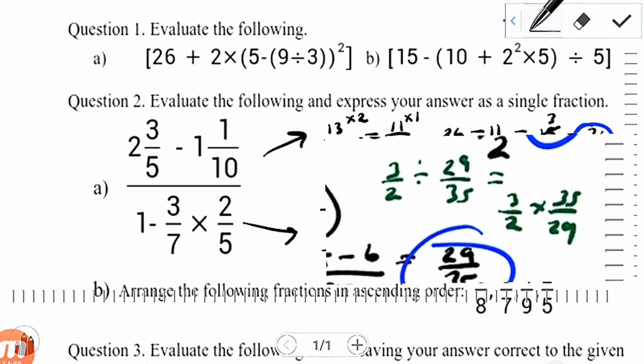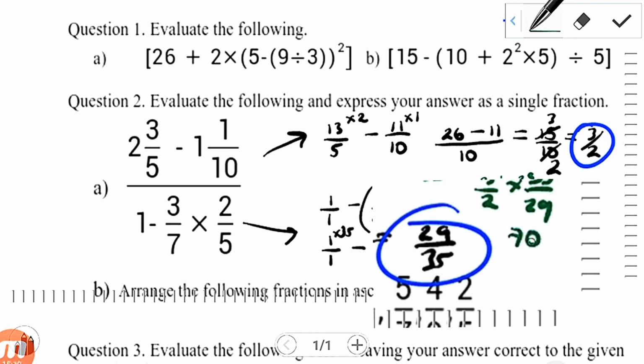Okay, so once again we are multiplying, guys. So we're looking for something to cancel out, and the numbers that we have here are odd, even, prime, stuff like that. There isn't really anything to cancel out. 3 cannot go into 29 and 2 cannot go into 35, so therefore we end up with 70 over, let me see here, we have 3 over 2 multiplied by 35 over 29.